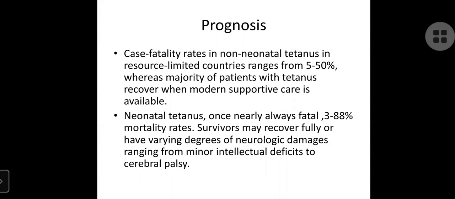Now, with the prognosis, the case fatality rate in non-neonates in resource-limited regions ranges from 5 to 10%, whereas patients with tetanus who have modern supportive care, as in a well-resourced facility, do well compared to those in resource-limited countries, with a rate of 5 to 50%.